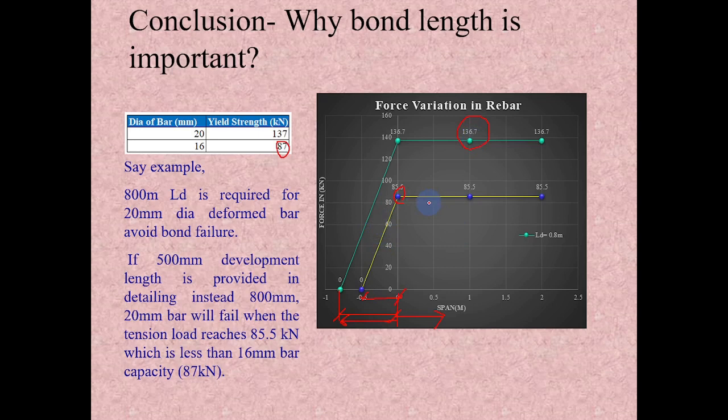And as we discussed, this bond failure will be brittle in nature, so it will not give any warning, cracks or deflection before it starts to fail. Once the load reaches 85.5 kilonewton, this concrete will fail in bonding. This bar will be pulled out, and the structure will collapse immediately.